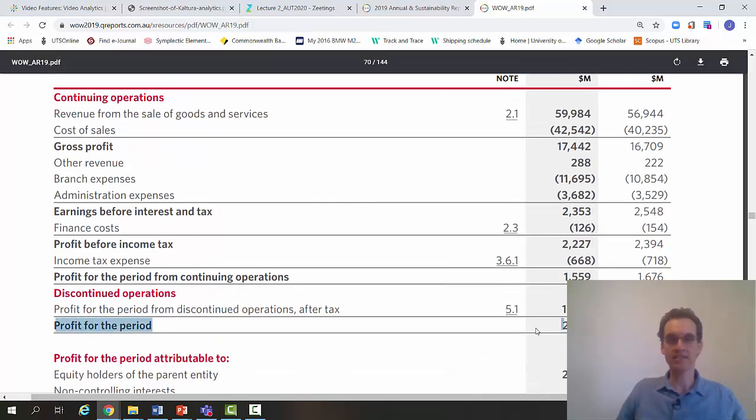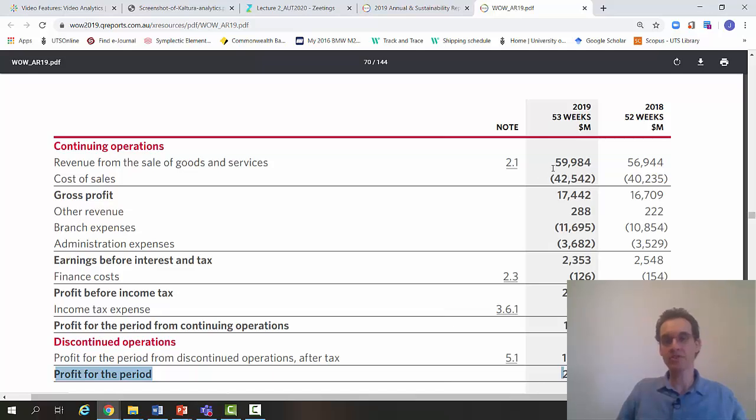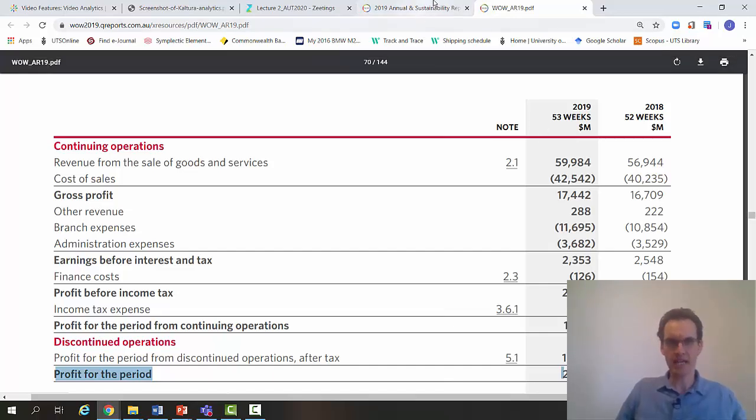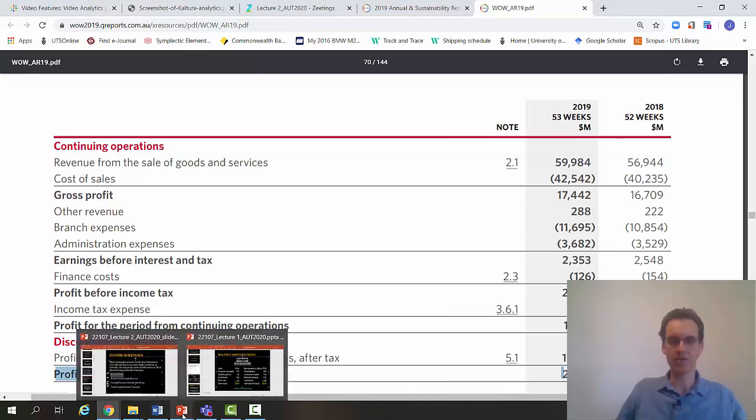So there it is. They started with revenues of nearly 60 billion. That's quite tight. And that's why Woolworths is looking at which operations are performing well and which are not performing so well and whether they should restructure them. So entities like Big W are looking at closing a number of those stores because they are not performing so well.